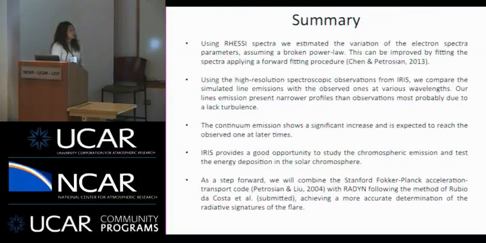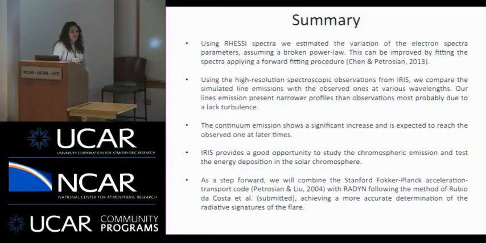As a summary, we use ratio spectra to estimate the variation of the electrons. This can be improved by fitting the spectra and applying a forward fitting procedure, so we will not need to assume any power law. Using the high-resolution spectroscopic observations from IRIS, we could compare simulated lines with observed ones at several wavelengths. In the case of magnesium, our profiles are narrower than the observations.